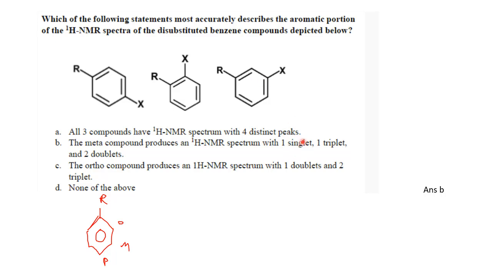One singlet means that is for the overall compound. One triplet because of n plus 1: here there will be two protons, so 2 plus 1, we'll get a triplet. And two doublets.